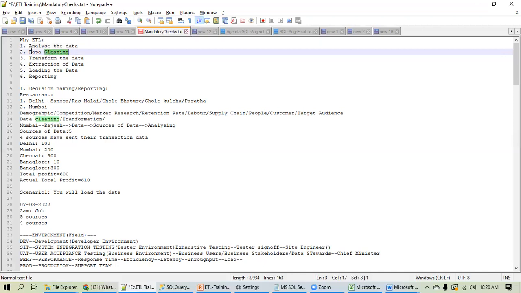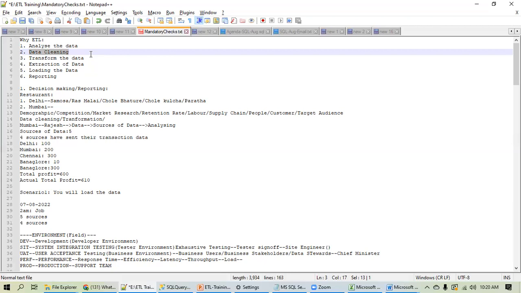Next is data cleaning. Why do we need to do the data cleaning activity? What is the reason? Anyone? Any volunteer? At the end we need the insight from the data, right?